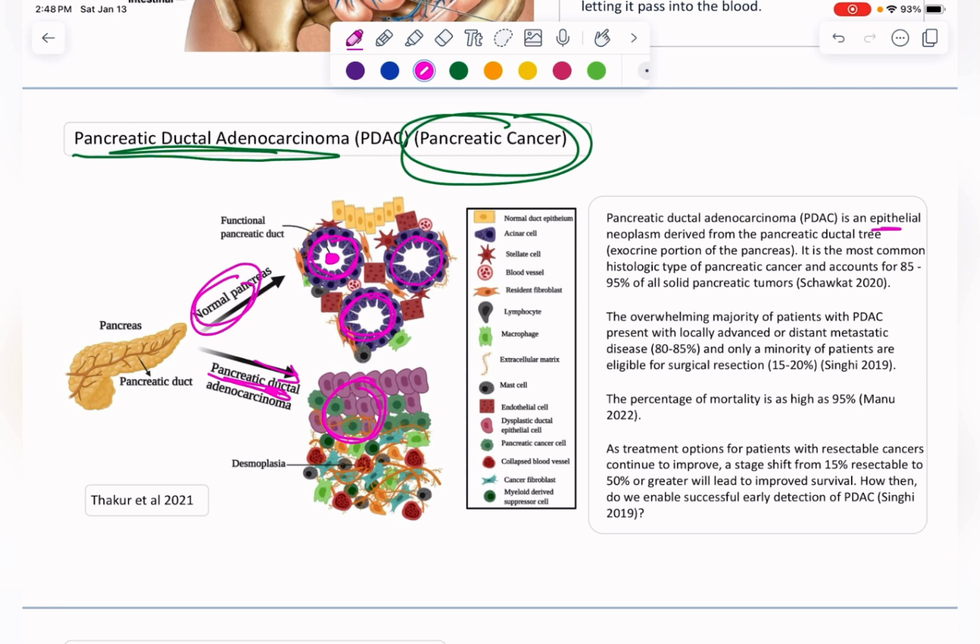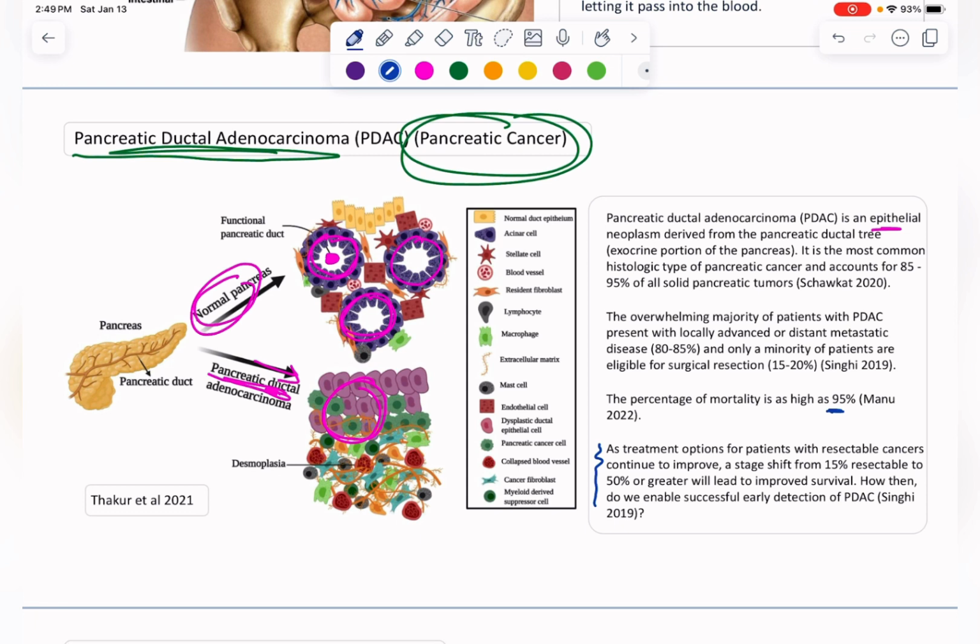Pancreatic cancer can be a pretty devastating diagnosis. The percentage of mortality is as high as 95%, and one of the reasons is because pancreatic cancer is often detected at a late stage. There's not a good way currently to measure pancreatic cancer in its earliest stages. There are treatment options.